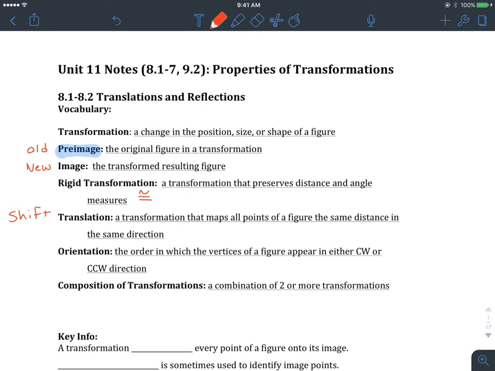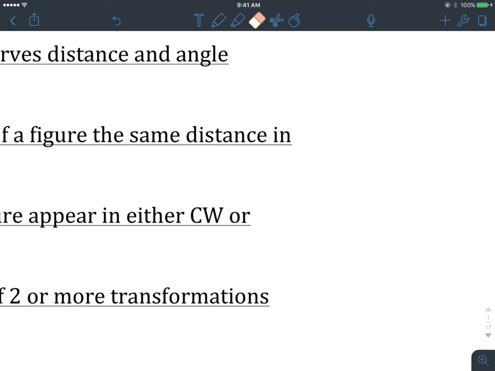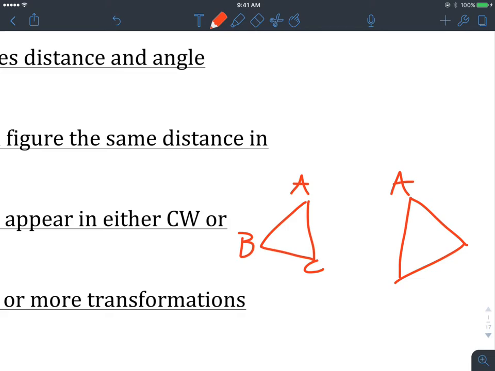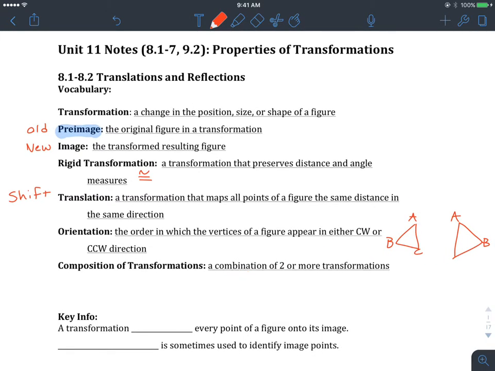Okay, orientation, you heard me use that word earlier. The order in which the vertices of a figure appear in either clockwise or counterclockwise direction there. So reversed orientation would be something like this here. If I had A, B, C, and then you had a second triangle where the orientation's reversed around, it'd be A and then B over here on the right hand side and then C. So that'd be reverse orientation.